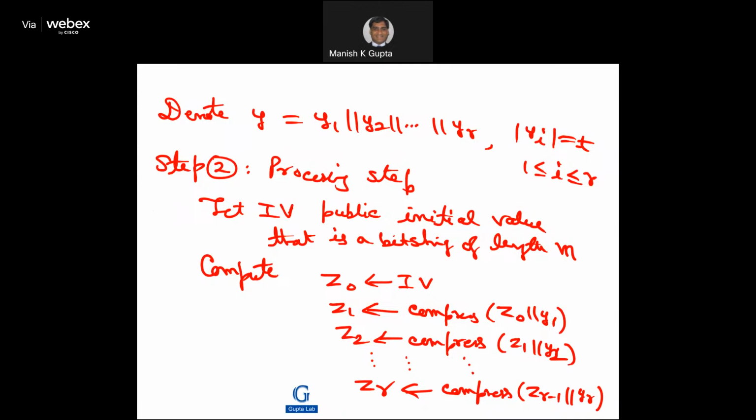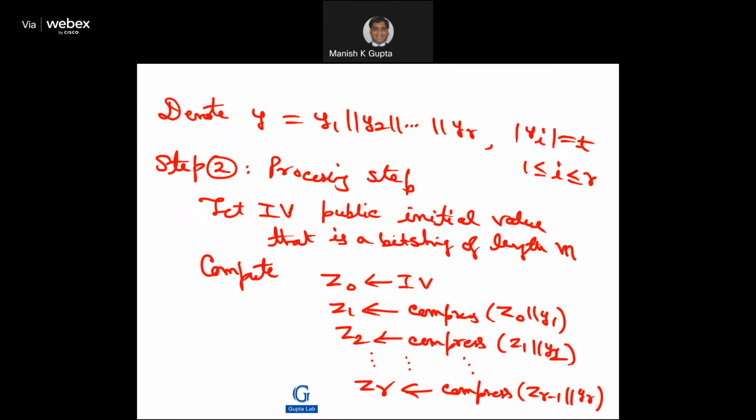There are compression algorithms which we are going to talk about. This is our general method for computing the processing.